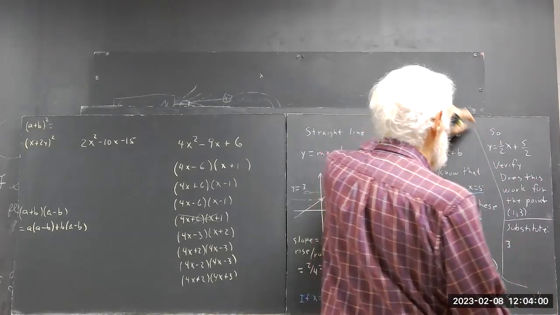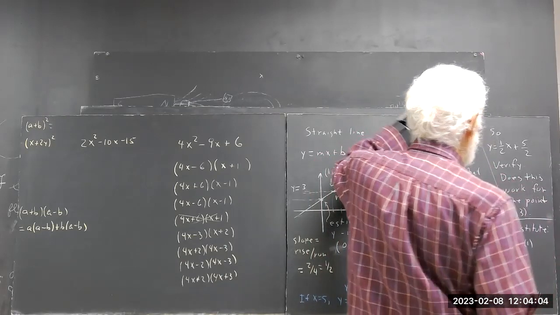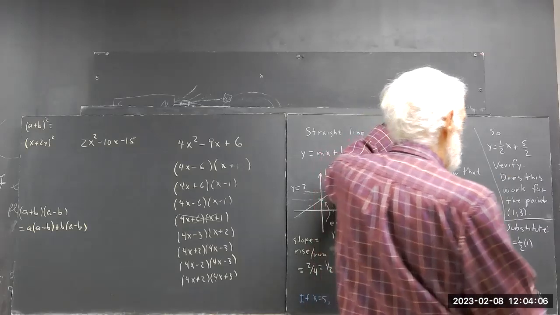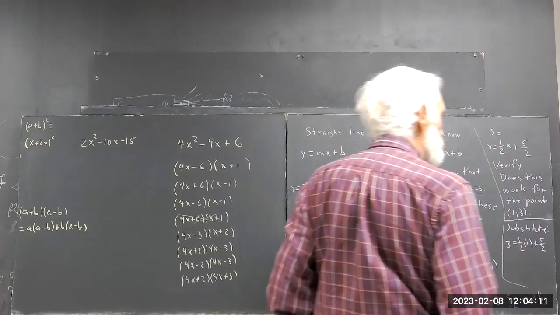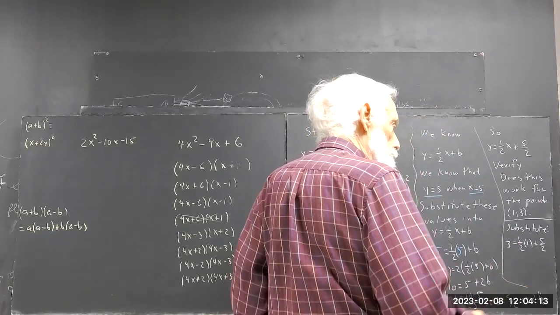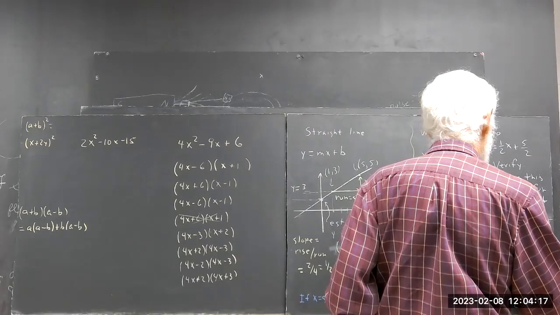y is 3. There's our 3. And x is 1. We have 1/2 times 1 plus 5/2. We're going to have to go ahead and add the fractions. We could multiply everything by 2.